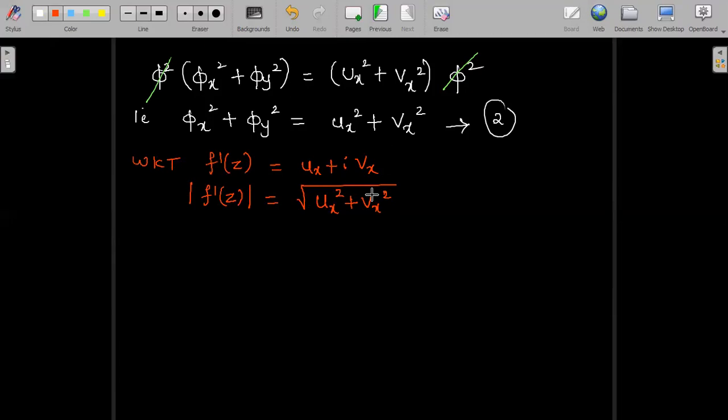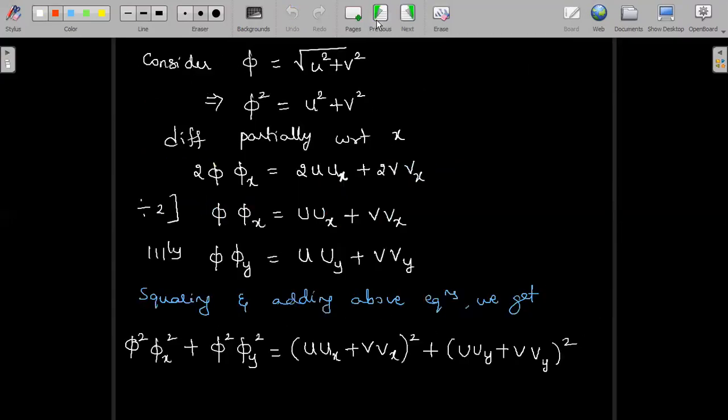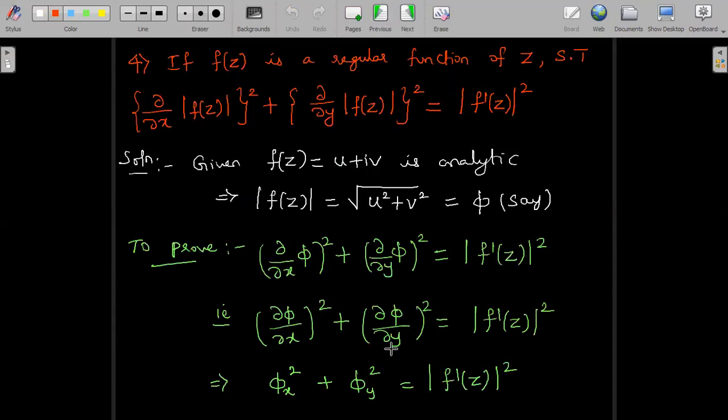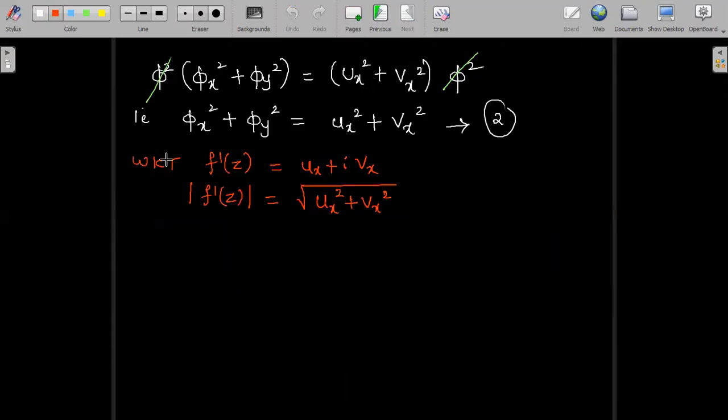We can check it once. Phix square plus phiy square should be proved as mod f dash z whole square. So mod f dash z I want, and I need to square it also. So let us square it and write down. So this implies, squaring on both sides, this gives us mod f dash z the whole square is equal to ux square plus vx square. I'll call this equation 3.